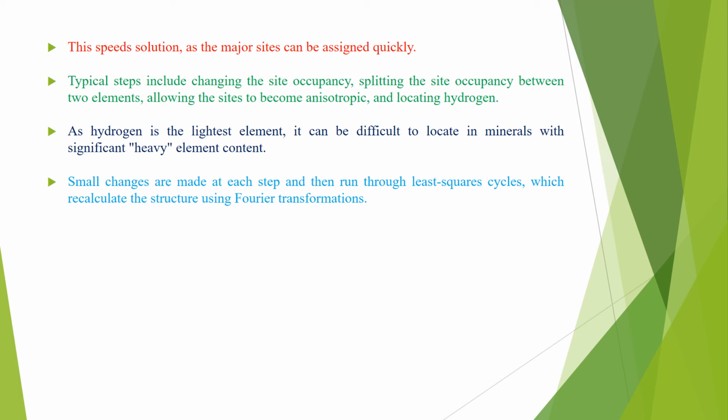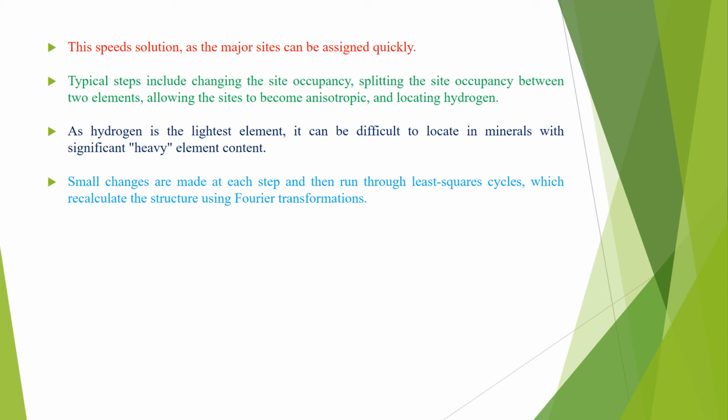Typical steps include changing the site occupancy, splitting the site occupancy between two elements, allowing the sites to become anisotropic, and locating hydrogen. As hydrogen is the lightest element, it can be difficult to locate in minerals with significant heavy element contents.